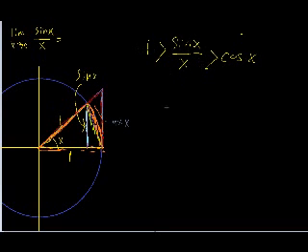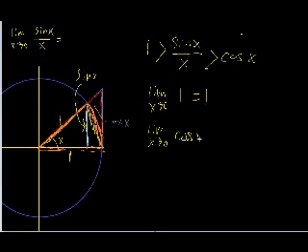So what we're going to do is take the limit as x approaches 0 for 1. And since there's absolutely no x variable, we know that equals 1. And now the limit as x approaches 0 for cosine x is also equal to 1.